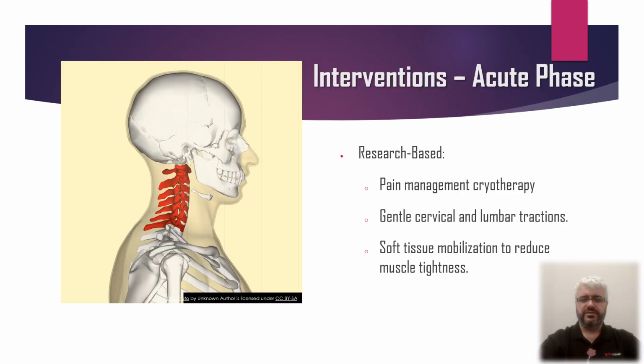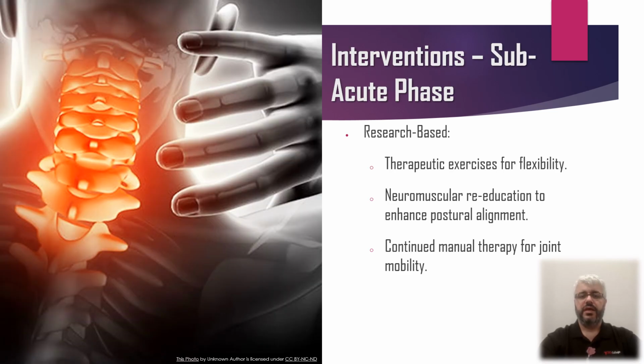In the acute phase, research supports the use of pain management techniques such as cryotherapy, gentle cervical traction, and STM, which stands for soft tissue mobilization. These interventions help reduce immediate pain and alleviate muscle tightness.